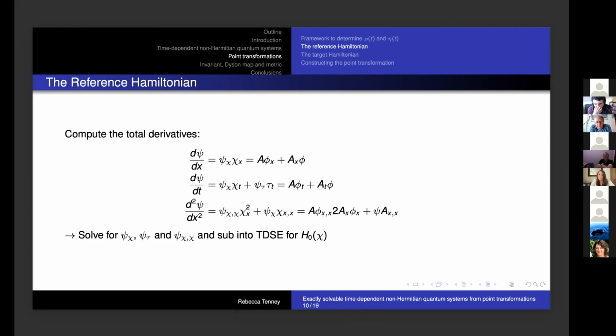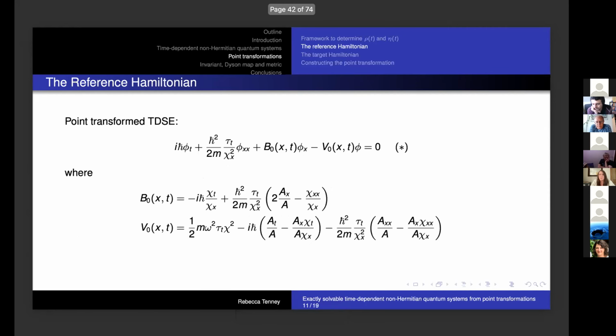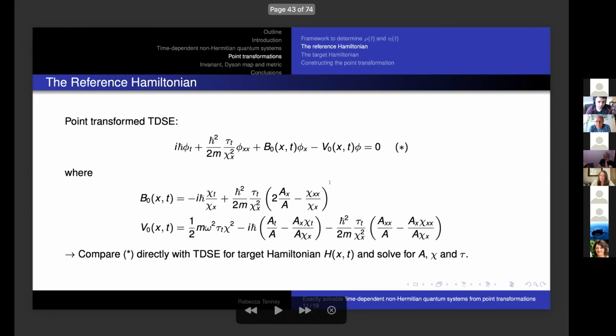Once we've solved for these and substitute into the time-dependent Schrödinger equation, we pull out this equation here. It's a point-transformed time-dependent Schrödinger equation, where B0 and V0 are given by these equations here. So it's differential in chi and A and so on. We would compare this directly with the time-dependent Schrödinger equation for a target Hamiltonian, and then solve for A, chi and tau.